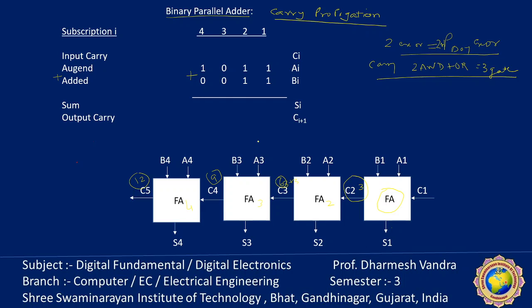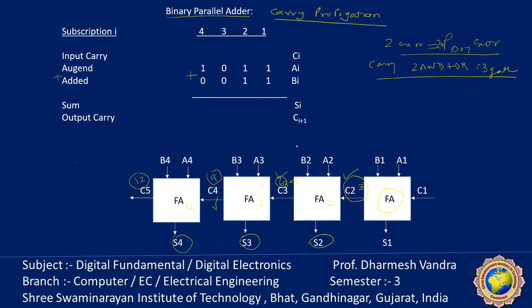Since each bit of the sum output depends on the value of the input carry also, S2 depends on C2, S3 depends on C3, and S4 depends on C4.